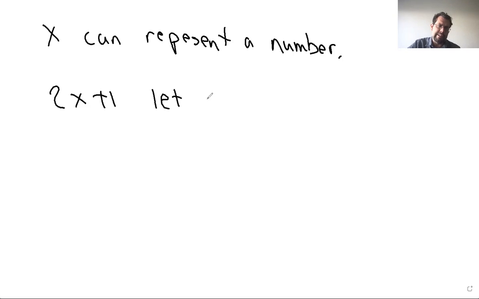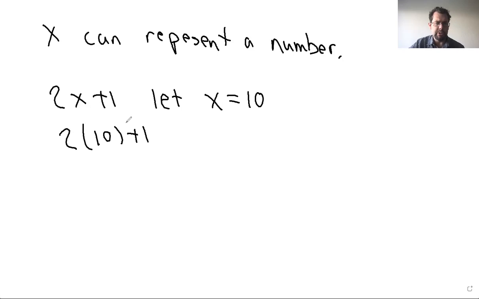And we say let the x equal 10. We're now going to evaluate this. So every place we see an x, we're going to put a 10. Everything has been changed into numbers. We have to follow the order of operations here. So it's 2 times 10, which will give us a 20, plus 1, that's 21.